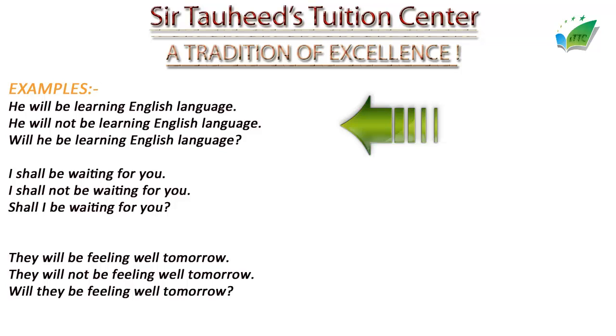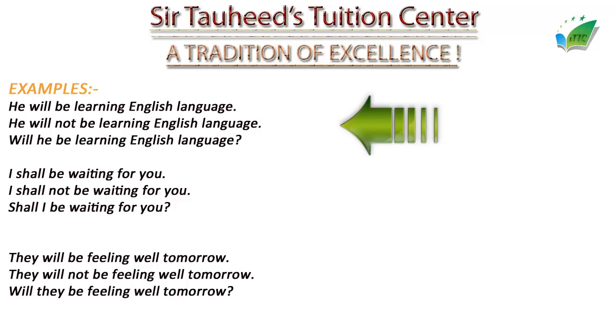And then the object, which is something connected to the verb. Here you can see that English language is something which is going to be learned, so the object is English language. This is something that he will learn in future, so he will be learning English language is an affirmative sentence. But if you want to make it a negative sentence, you'll have to put not after will.